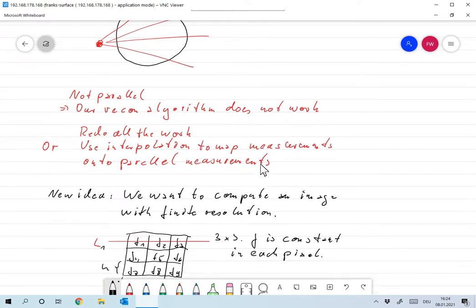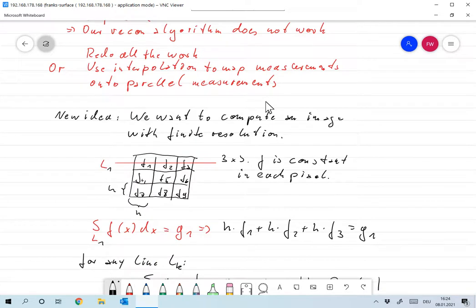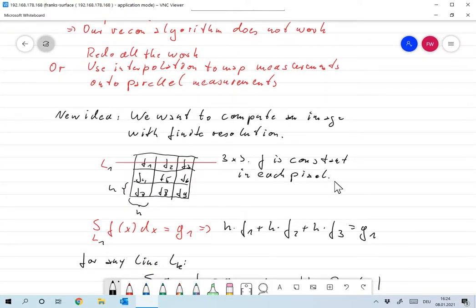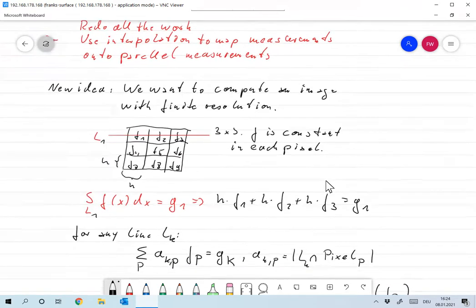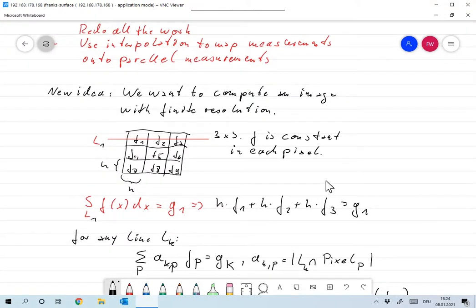I'm going to introduce you to a new idea, which is so simple that you probably won't believe it. The idea simply is, we finally want to compute an image, and that image has a finite resolution. So for simplicity, let's assume that all we want to compute is an image of size 3 by 3. Typically it would be about 1024 times 1024, but let's leave it at 3 times 3.